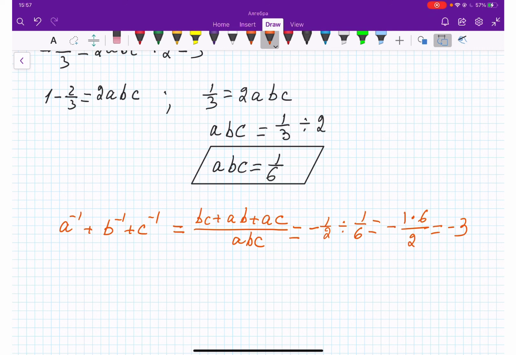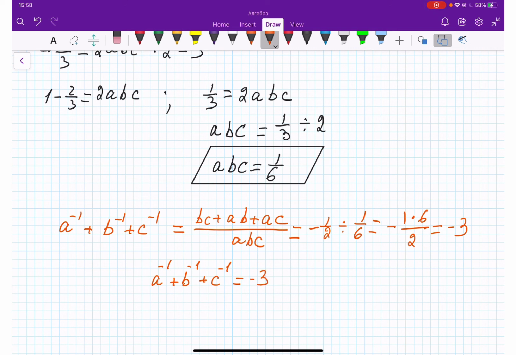So this is our answer. A to the negative 1 plus b to the negative 1 plus c to the negative 1 is equal, let me make it really negative 1, it looks like some element, negative 1, negative 1, negative 1, and that is equal to negative 3.